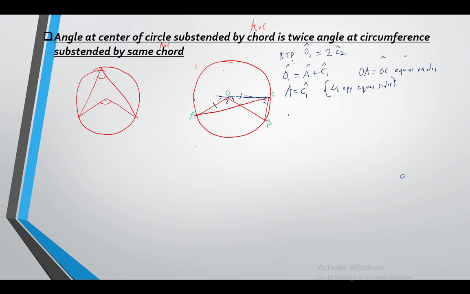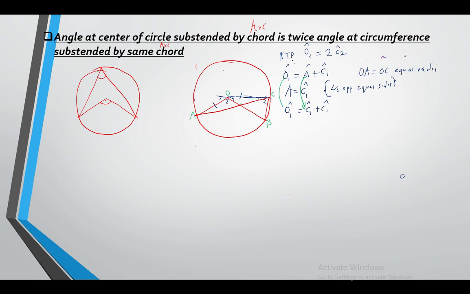So now we can say angle O1 is actually twice C1. Why? O1 equals angle C1 plus angle C1. You can see what I've done here.